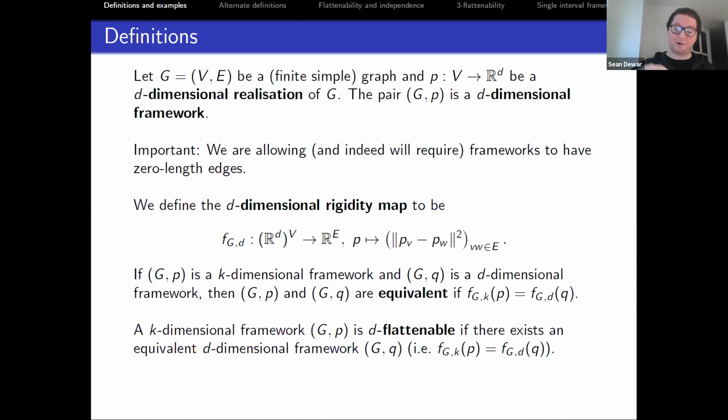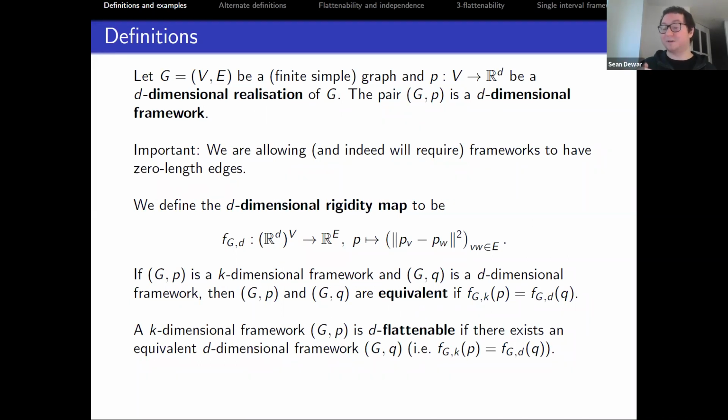If we have a k-dimensional framework, we're going to say it's d-flattenable if you can effectively flatten it out into d dimensions. That is, it's d-flattenable if there exists an equivalent d-dimensional framework. If k is less than or equal to d, this is immediately true, because the framework can just be embedded in d dimensions and you're fine.